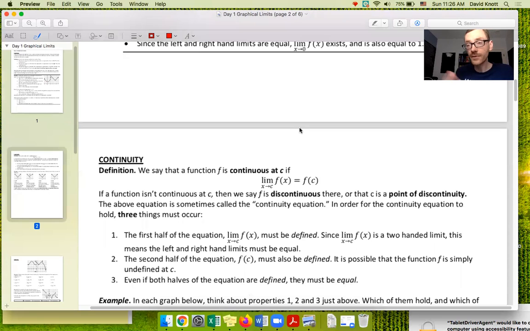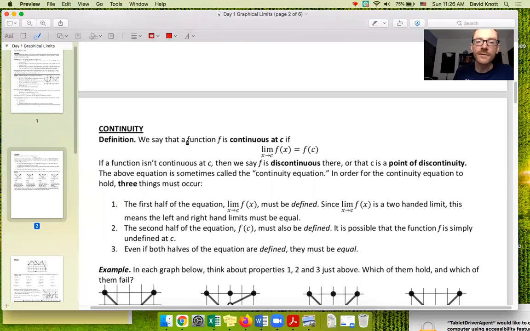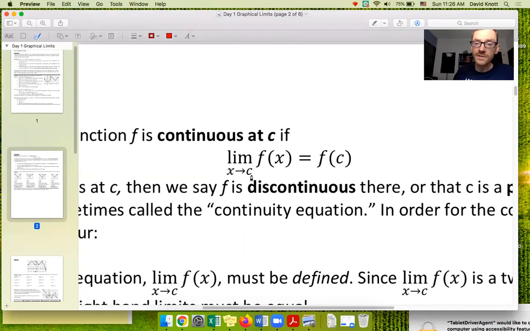Technically, there's a technical definition. So here's the definition of continuity. We say that a function f is continuous at a point c if the limit as x approaches c of that function is equal to f of c. Now, you're probably looking at that and you're like, what is that really saying? What does that mean?